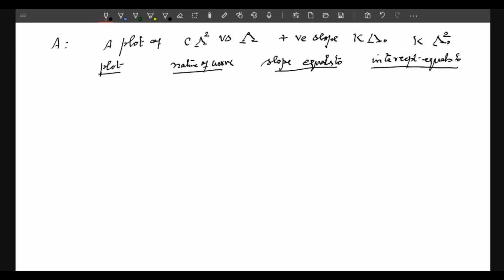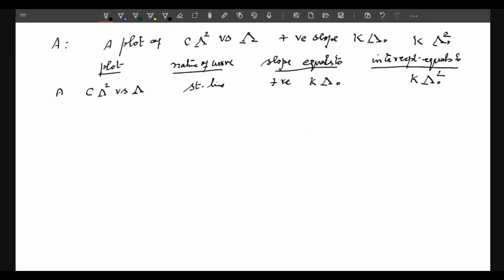This is what they are putting: a plot between C lambda square versus lambda is a straight line, with positive slope equal to K into lambda naught, and intercept equal to K into lambda naught square.